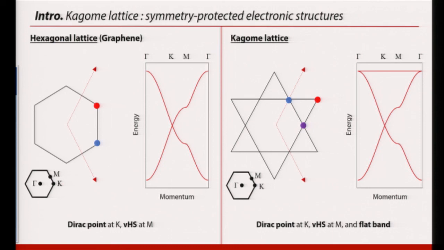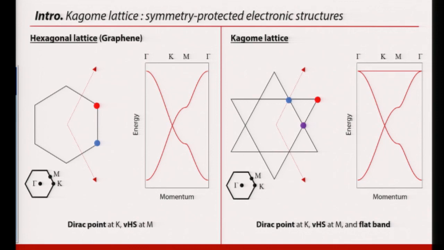So the hexagonal lattice with this fundamental unit cell has 2 atoms per unit cell, and if we assume a single band model or single orbital physics, such as is the case in graphene with the p-pi orbitals, then you end up with 2 bands in the band structure.